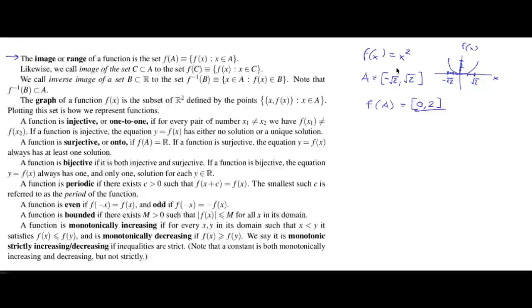So for instance, in this case, the domain of x squared is actually the real line. Okay, right?